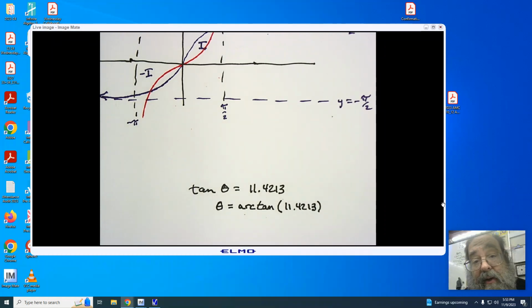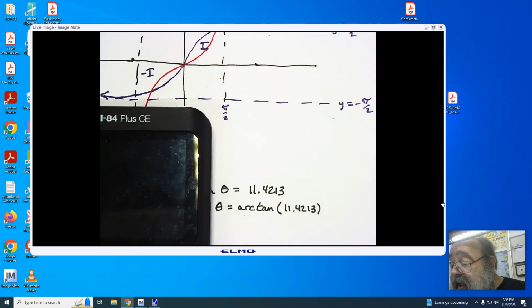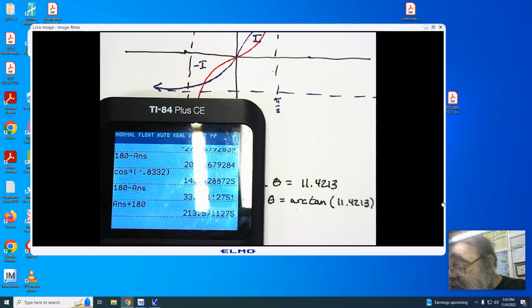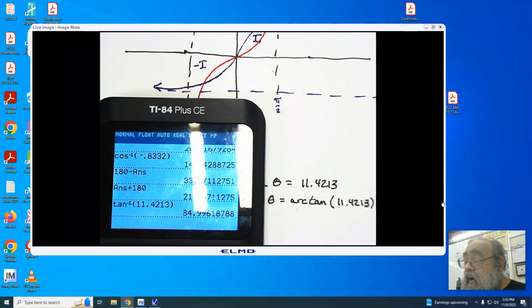Since our calculator is in degree mode, we're going to punch it in exactly as we see it. So I have second function tangent of 11.4213. Closing my parenthesis, I'm going to get the angle. Notice this angle is in the first quadrant. Therefore, it is the reference angle.